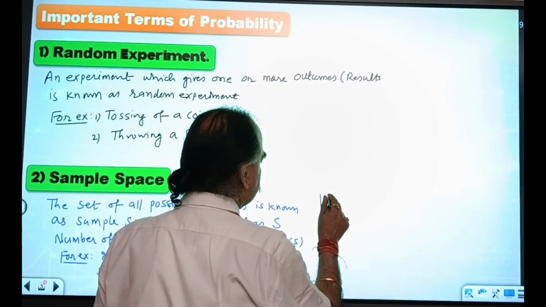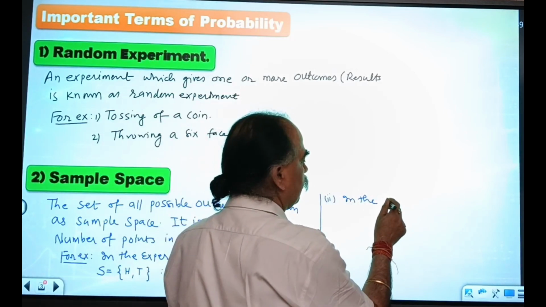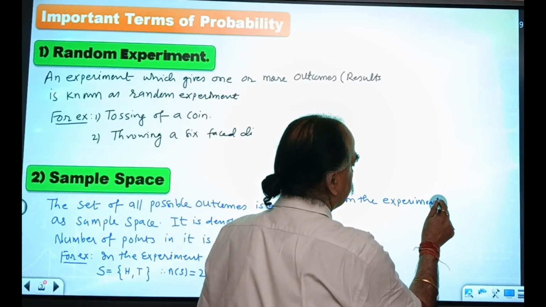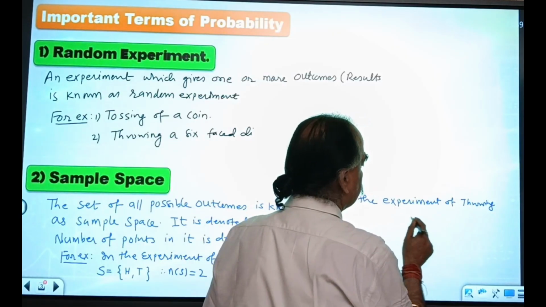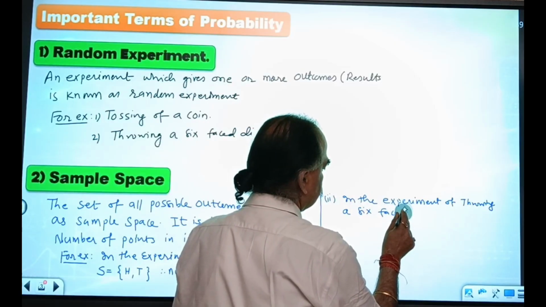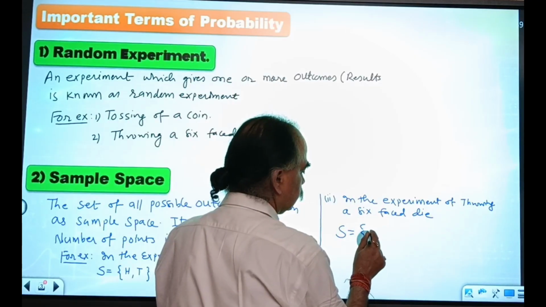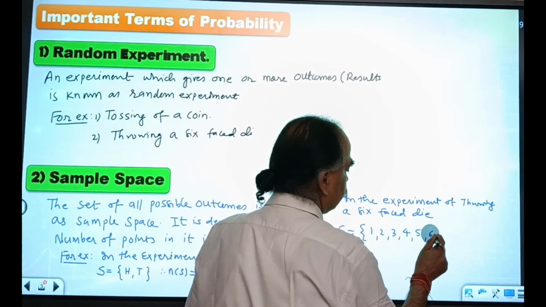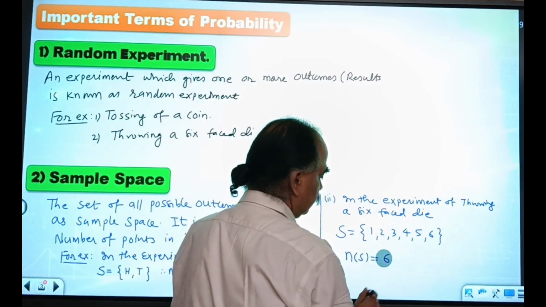Second example: in the experiment of throwing a six-faced die, the sample space is 1, 2, 3, 4, 5, 6. So n(S) is 6.